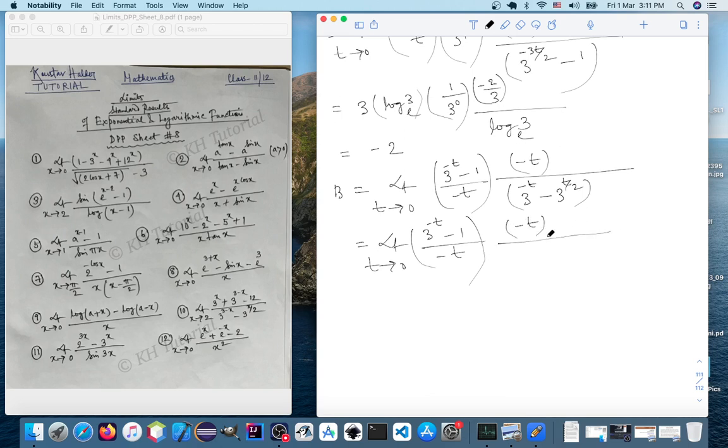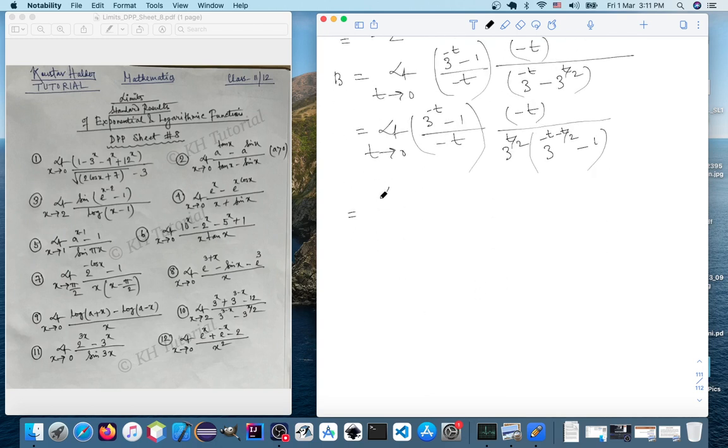We will take 3 to the power t by 2 common. This becomes minus t minus t by 2 minus 1. This is limit t tending to 0, 3 to the minus t minus 1 by minus t.